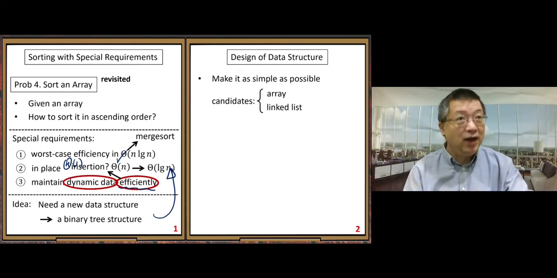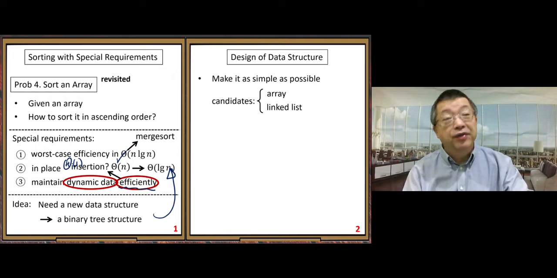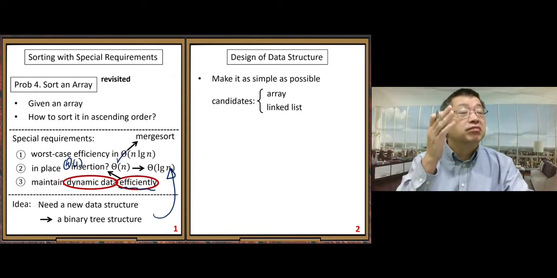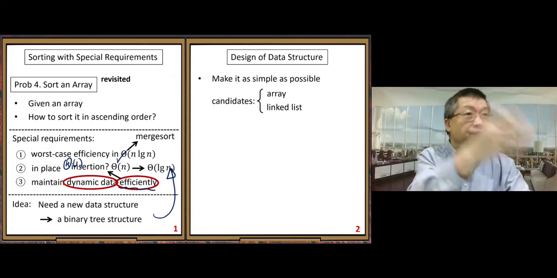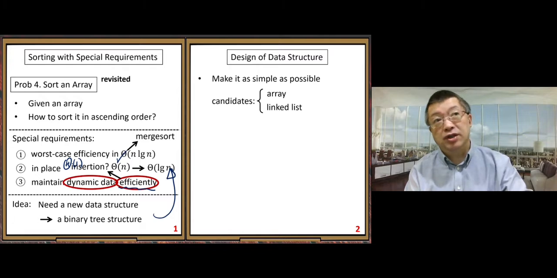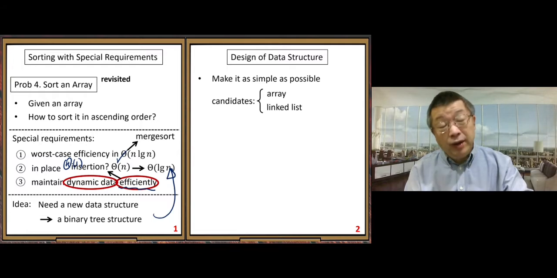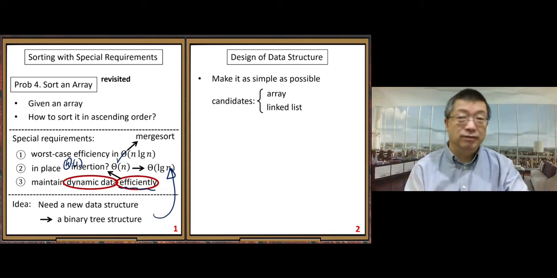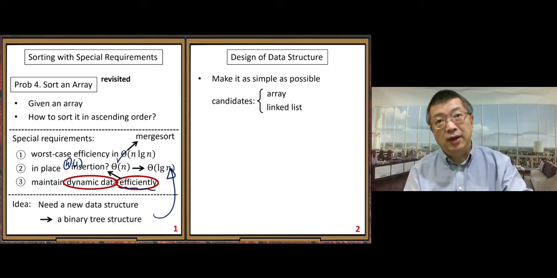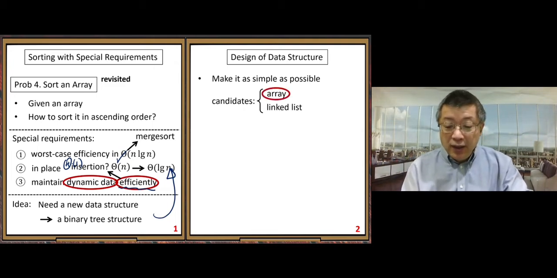You learn this data structure in the data structure class. We know it is much more complicated than array. So array is a simpler data structure.